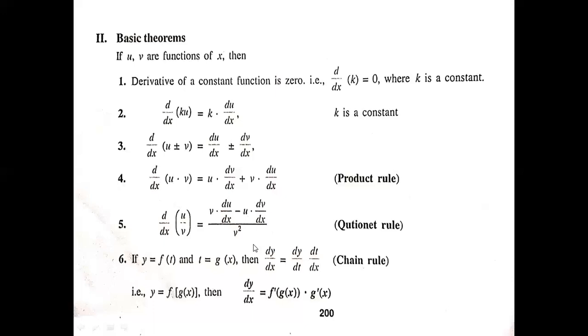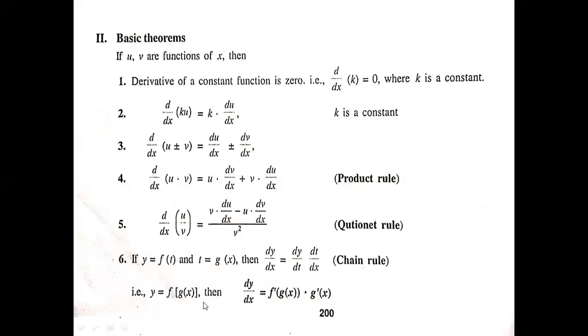Next is related to the chain rule. Sixth one, suppose y is equal to f of t is a function and t is equal to g of x, then dy by dx is equal to dy by dt into dt by dx. This is called the chain rule.